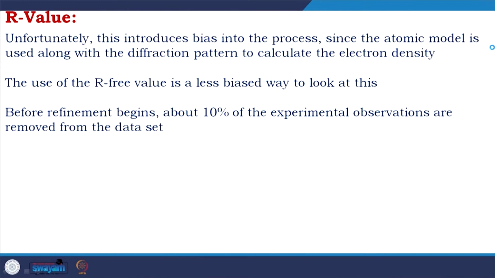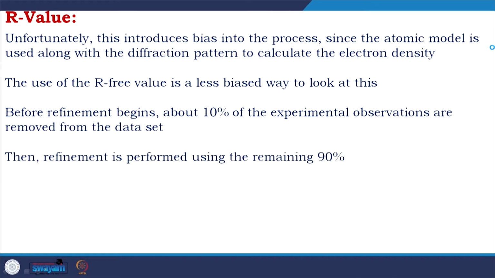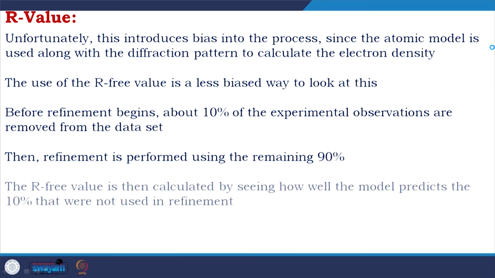Similarly, what we do, we get the entire R value, and before the refinement we have taken 10% out. So, we get the experimental observations, the frames, and we take out 10% of the data. Then refinement is performed using the remaining 90% data.